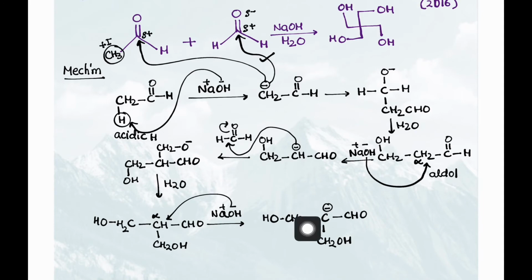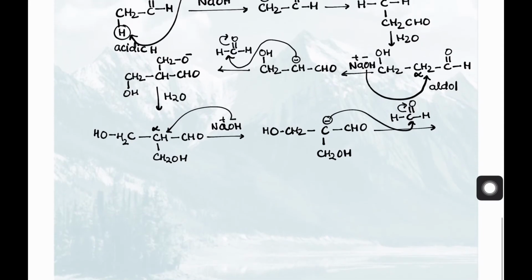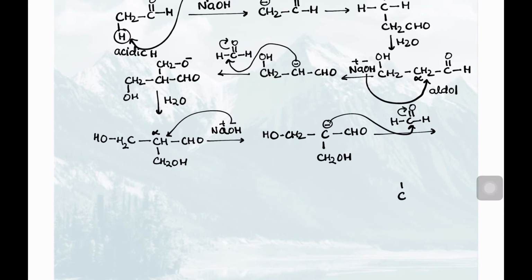After that this carbanion will attack one more mole of this formaldehyde, will undergo nucleophilic addition and we will get this product. Now it will be CH2O negative, CHO, CH2OH and CH2OH.